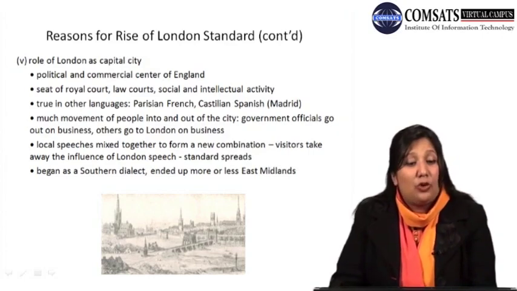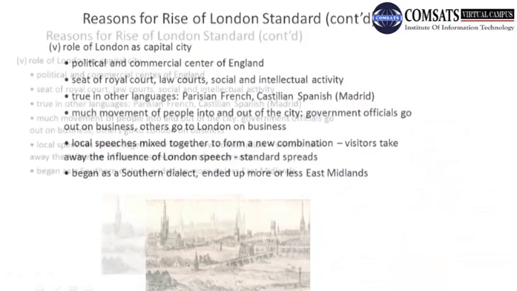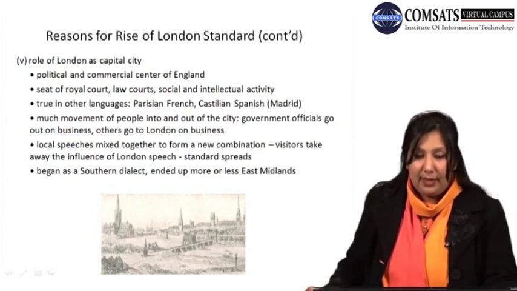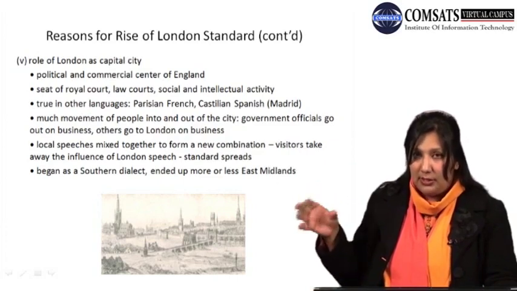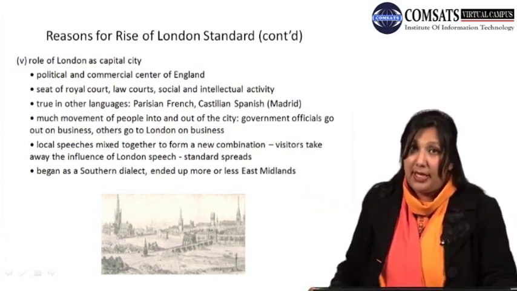It was a seat of the royal court, law courts, social and intellectual activity. London had a seat of the royal court. As I told you, the kings and the queens were there. It had the law courts. It had social and intellectual activity.